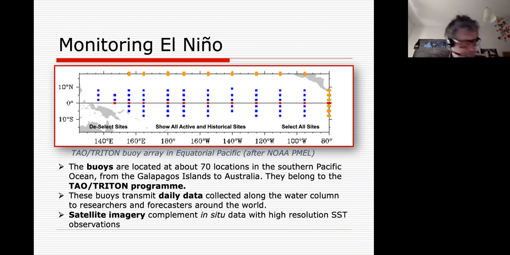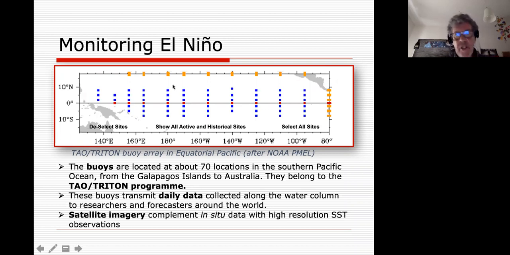The meteorological forecasts also depend on the El Niño state. So having a good and realistic observation network in place can correct and improve the predicting skill of the model.